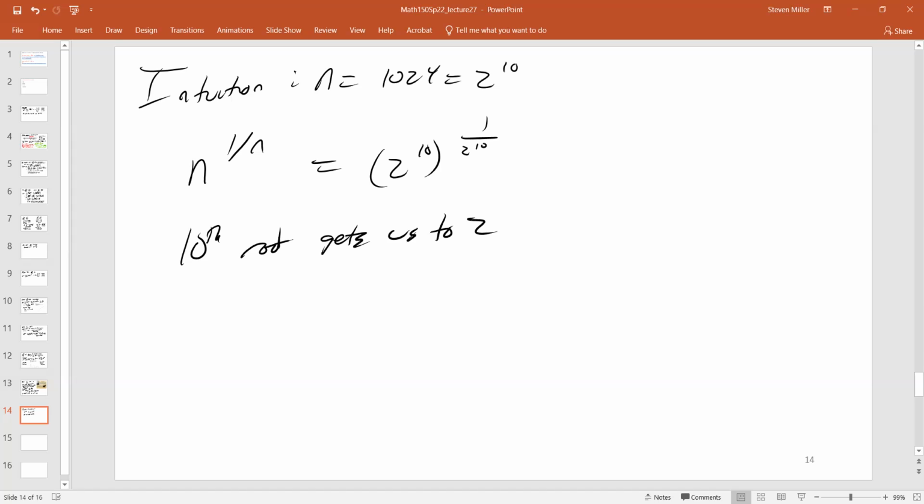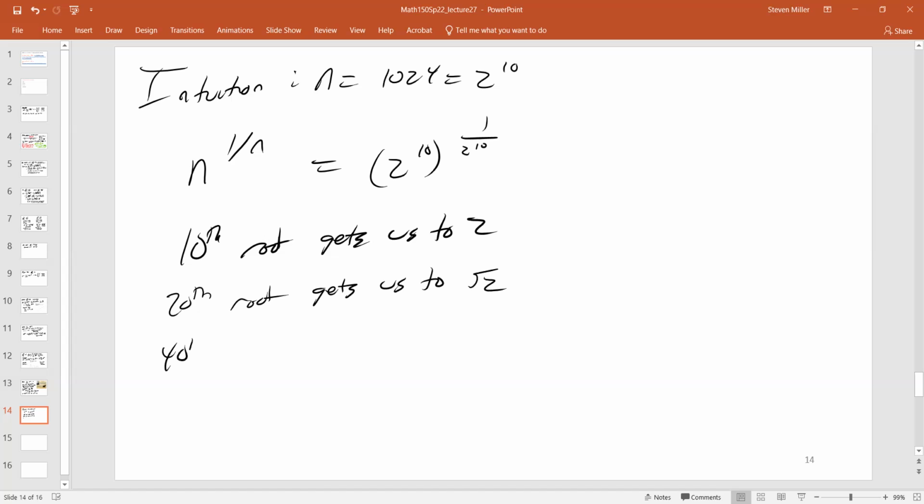What does the 20th root get us to? If the 10th root is 2, the 20th root would be not 4. The 10th root of my number is 2, so the 20th root would be the square root of that. It would be root 2.